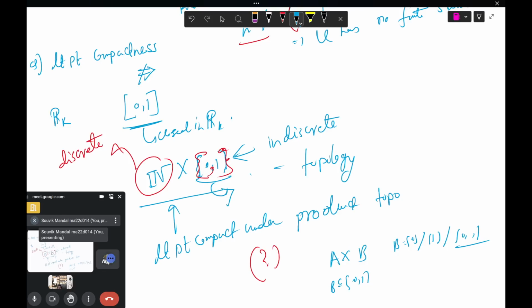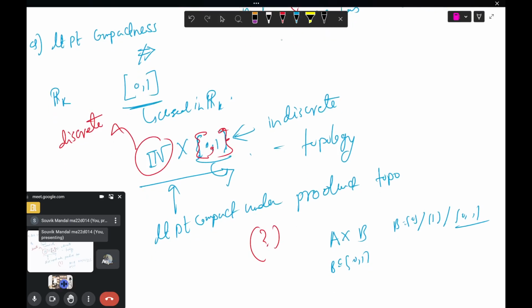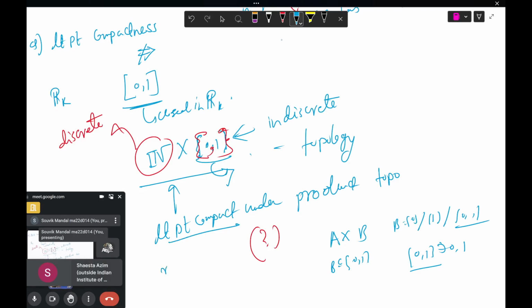Yes, correct. Since the only open set containing both 0 and 1 is the whole space, any point will be a limit point, basically, right? So you're always right. So this space is limit point compact, but it is not compact.